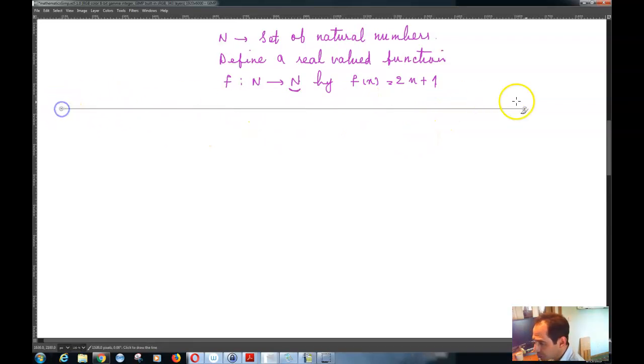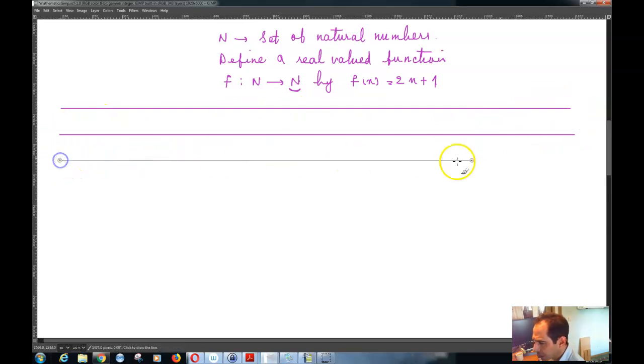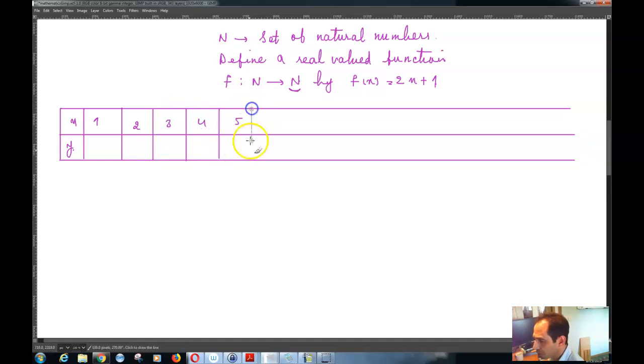So the table is something like this. Here you have x and y, and then you have these values, like 1, 2, 3, 4, 5, 6, and 7.